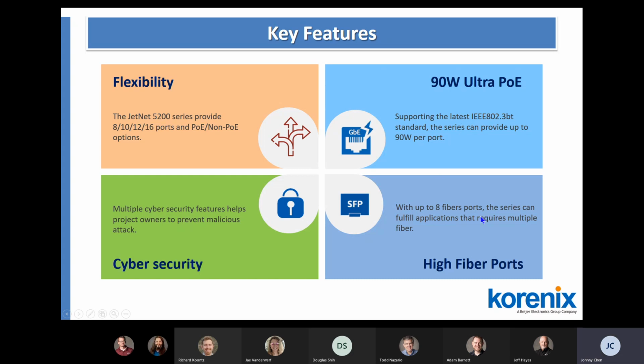The 52 series can have up to 8 fiber ports, but it depends on the model. So if you want more fiber ports, you have to confirm which model you should choose.